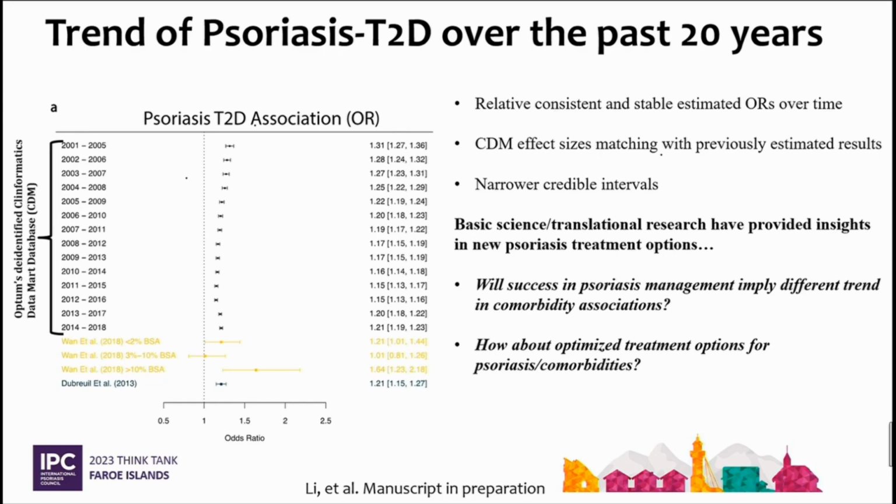But as we look to the future, this success in psoriasis management helps us to also look into a different trend of psoriasis comorbidities, and how we could really optimize the treatment option for treating patients with comorbidities. So with that, I want to introduce the second part of my talk. We're trying to leverage genetics to see how we could identify genetic signals shared between psoriasis and its comorbidities.